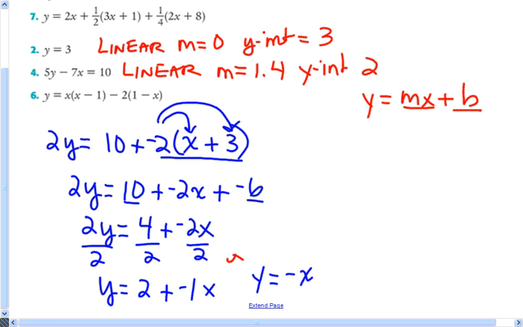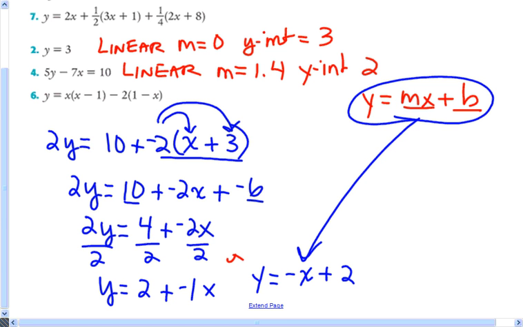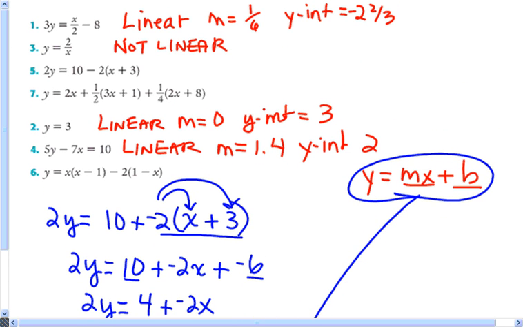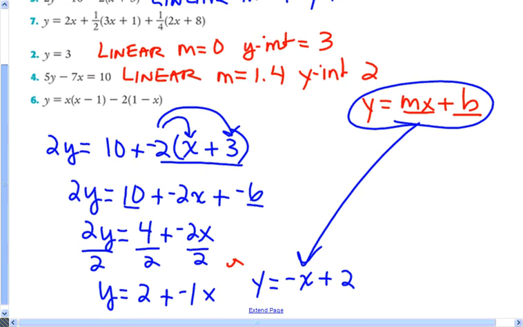And I don't need to write the 1 there because I know 1 times x is the same as x. That fits this form. The slope is negative 1, the y-intercept is 2. So number 5 is linear.